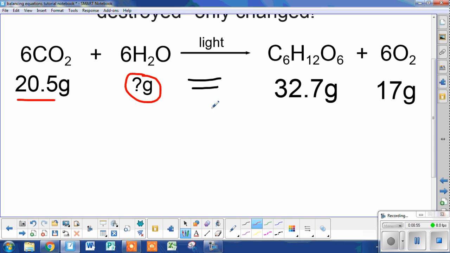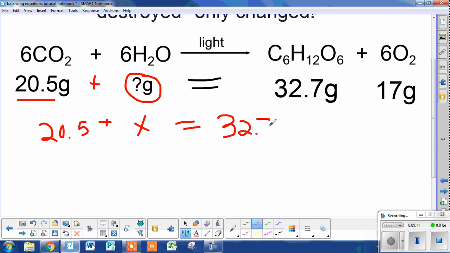For some of you, I also set it up like a math equation: 20.5 plus x is equal to 32.7 plus 17. Notice in our equation there are plus signs. That means they added those things together. I set it up like this for some of you, and that seemed to help a lot of you.